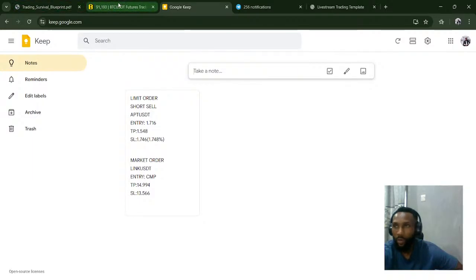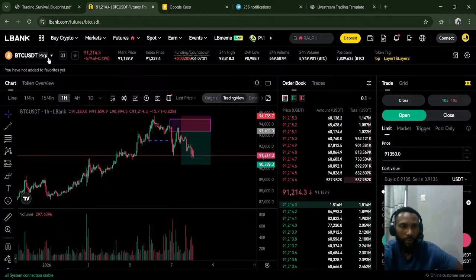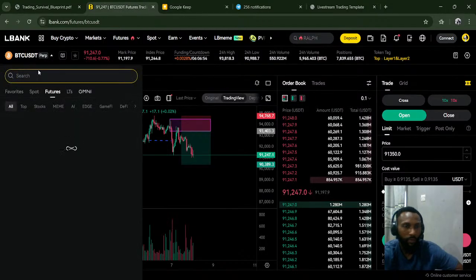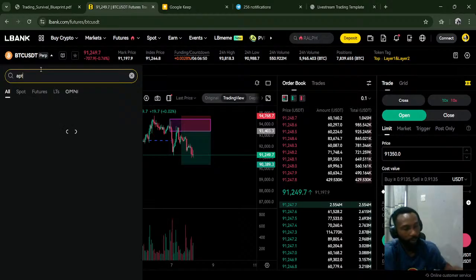All right. So let's get back to it. APT USDT. Like I told you guys yesterday, we'll come here and search for whatever pairs we're looking for. APT. So let it search.